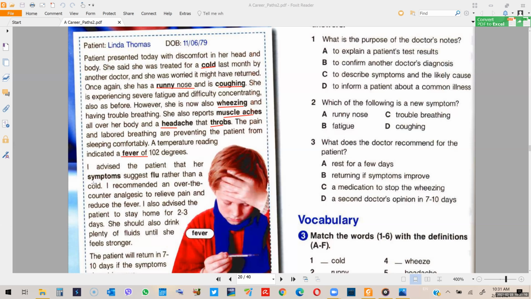Then we have symptoms of flu. So these are some of the vocabulary related to the topic. Let's listen and then start answering the questions as usual.